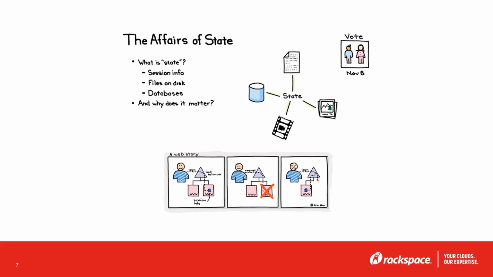And that state can come in many different forms. It can come in the shape of a file on disk. It can be a database. It could be images or files or media files uploaded by users. All of those constitute state on our system. They are things that we would need to recover in the event a system failed.